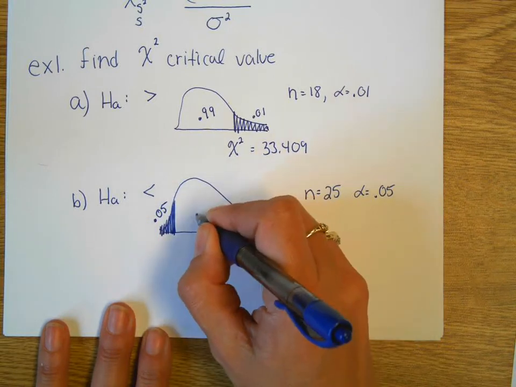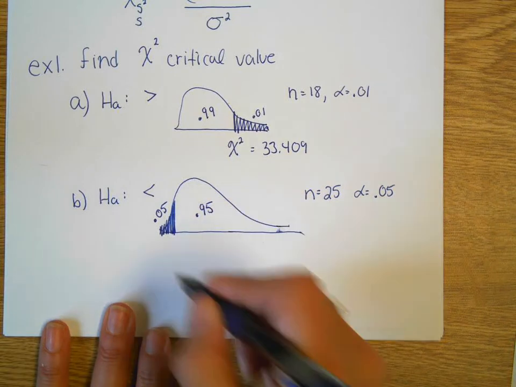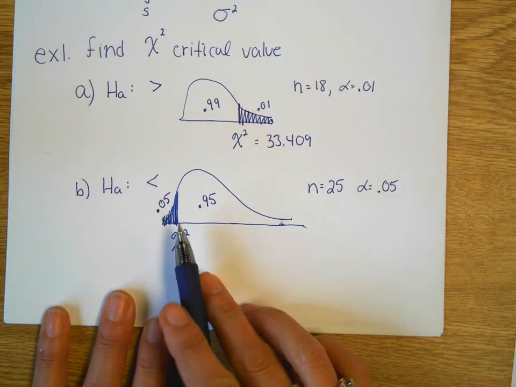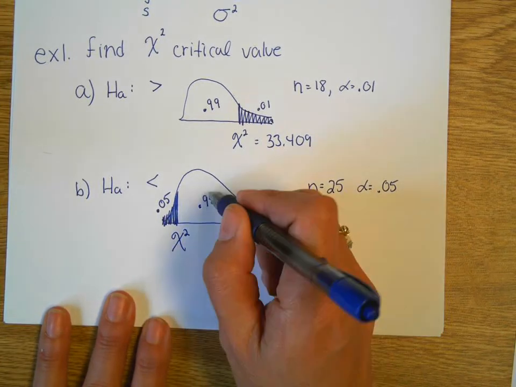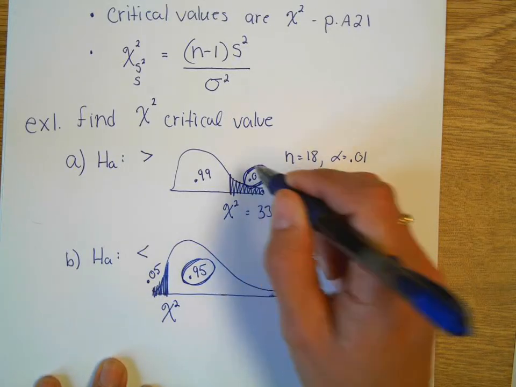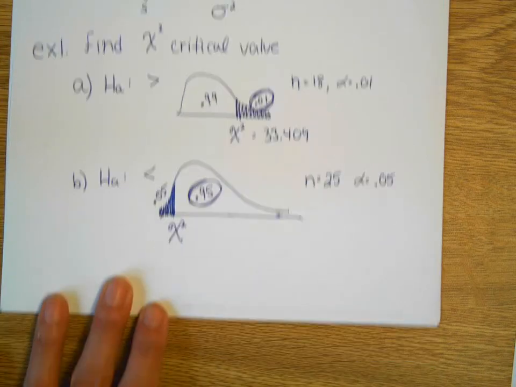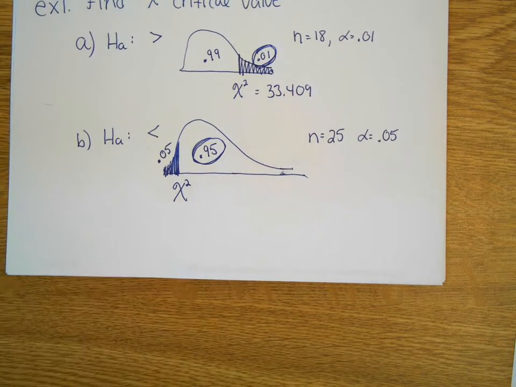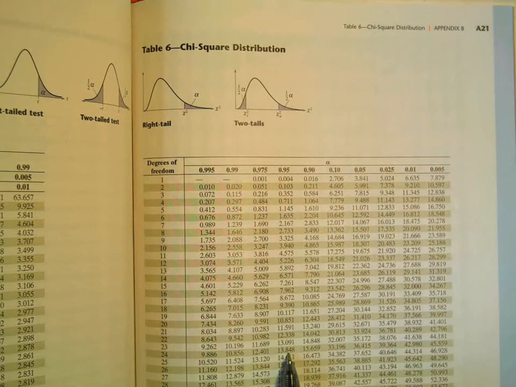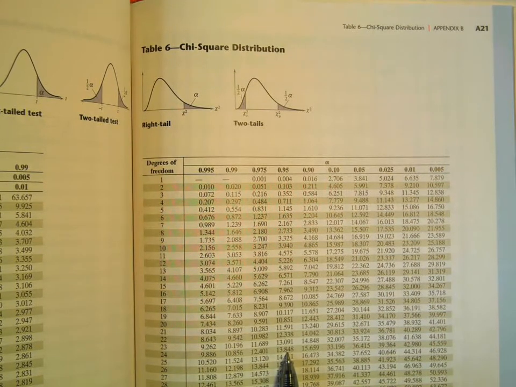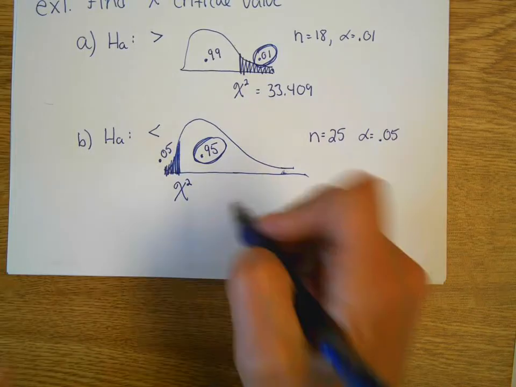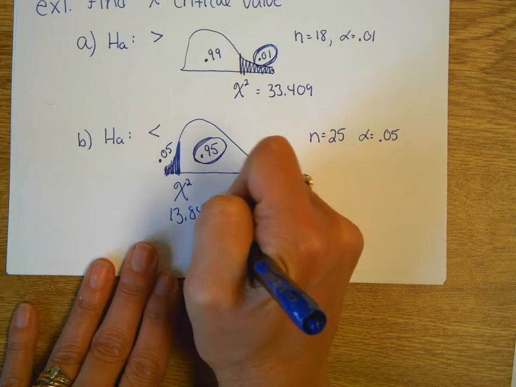Here the unshaded is the 0.95. If you want this chi-squared, which area are you going to use? The 0.95. I should probably circle it. 0.95 we're going to use here. The 0.05 we use here. Why those ones? Because they're to the right. You always look up the area to the right. So in the book, we're going down to 24 degrees of freedom. 13.848. Good on that? Yes, ma'am. Okay. 13.848.